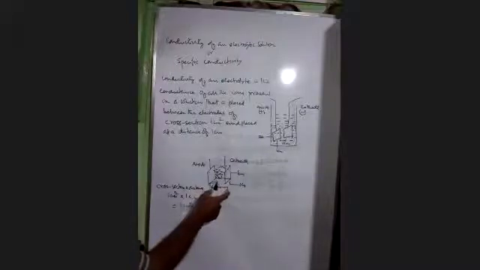So it is 1 centimeter cube. That is, it is the amount of electric current or electricity conducted by all the ions present in 1 centimeter cube of the solution in between two electrodes. So this is what I wanted to mean.